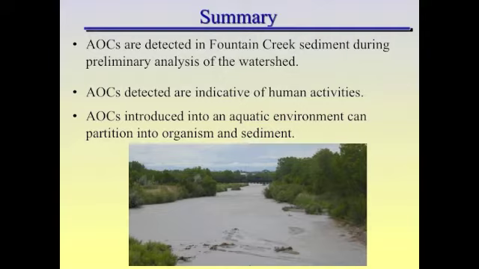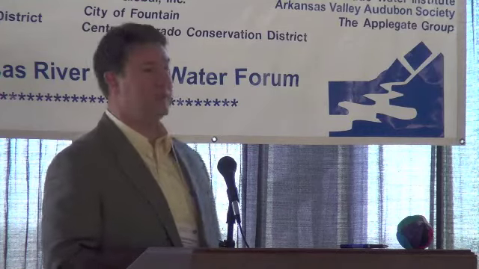Many or most of the anthropogenic compounds that we monitored are certainly indicative of human activity. Population centers, input into the stream system, not a big surprise. We've also shown, and this has been demonstrated by many others, that once in an aquatic system, many of those contaminants can accumulate in the organisms present in that system.